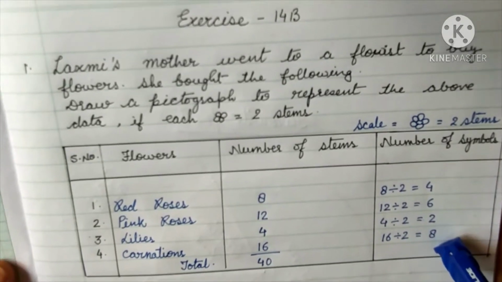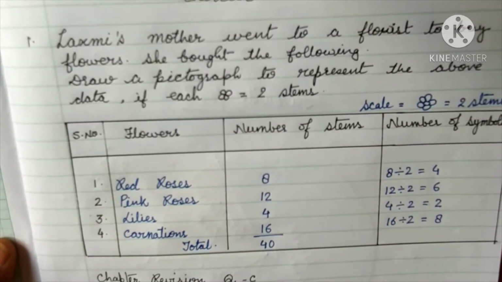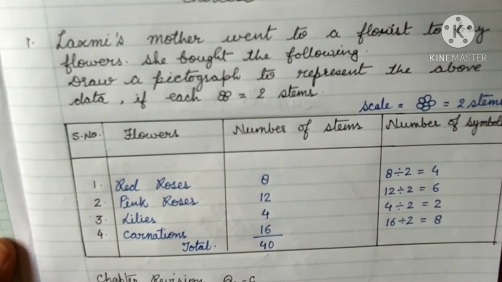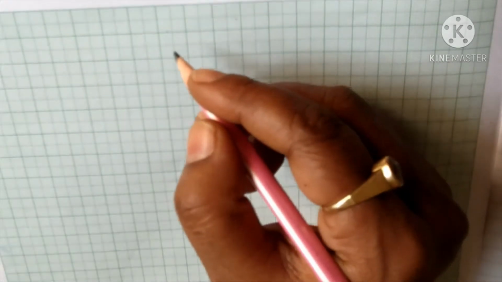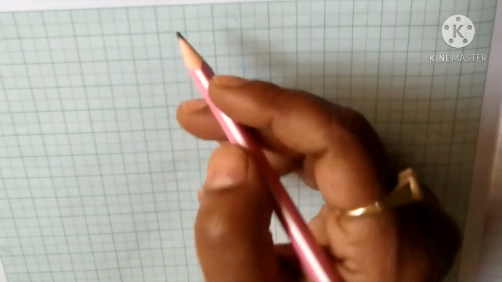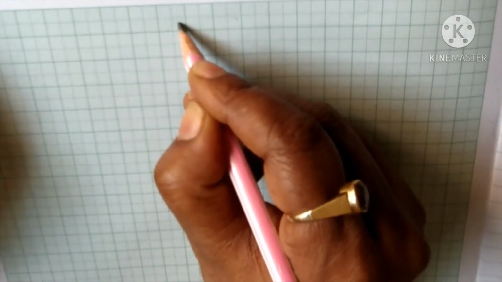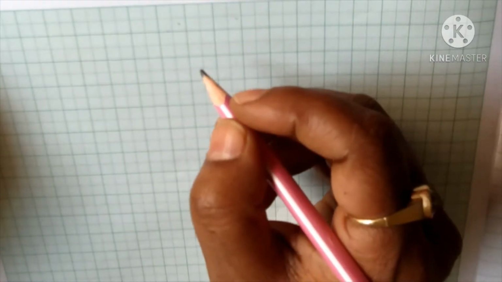Now we are going to draw it. Now we are switching to how to draw it. So first of all, while drawing the pictograph, we have to write the title. Either it is a pictograph, circle graph, or anything else, we have to write the title.